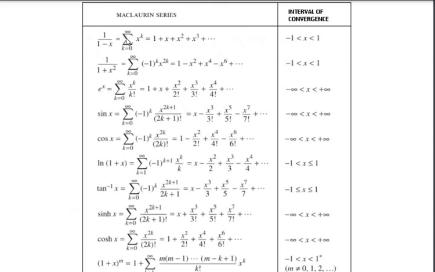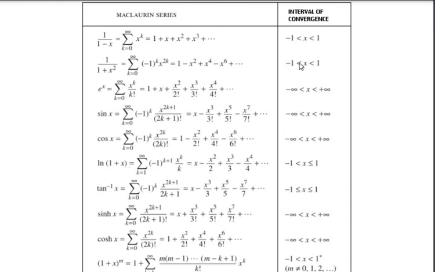Now we can see the different Maclaurin series and their intervals of convergence. That is 1 by 1 minus x, then 1 by 1 plus x square is equal to 1 minus x square plus x raised to 4 minus x raised to 6, then e raised to x, then sin x and cos x, then log 1 plus x, then tan inverse x.